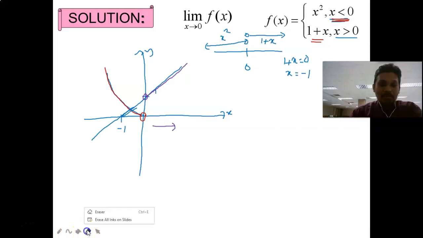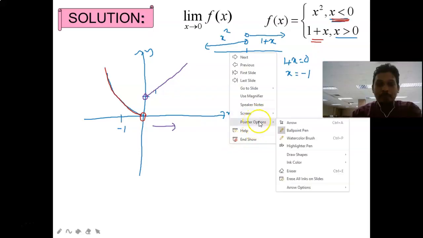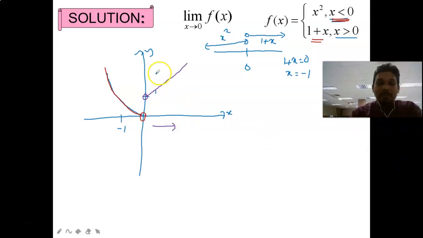So now we erase the rest of it. There you go. This is the graph of f(x) when x approaches 0 from the right, and this is also the graph when x approaches 0 from the left.